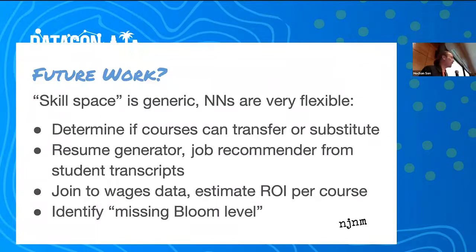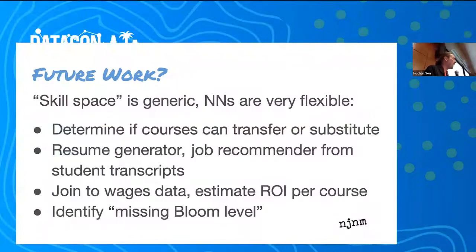And future work. So I think this is the last one, yes. Skill space is generic, so you can imagine doing a lot of other different things with this points-in-space kind of setup. One thing that they're very interested in is using it to determine if courses can transfer or substitute between different universities.